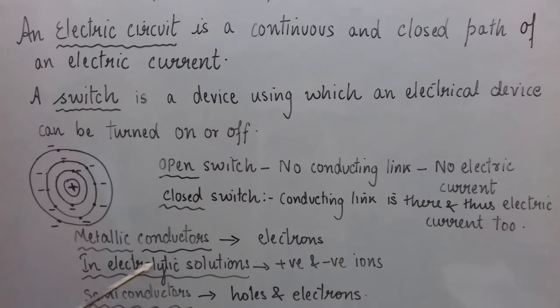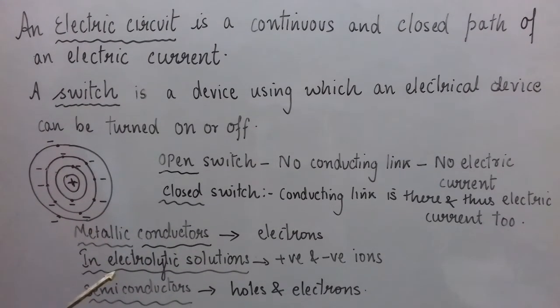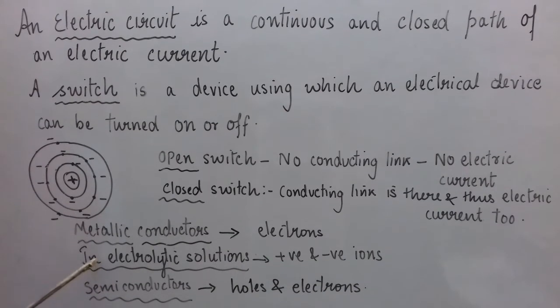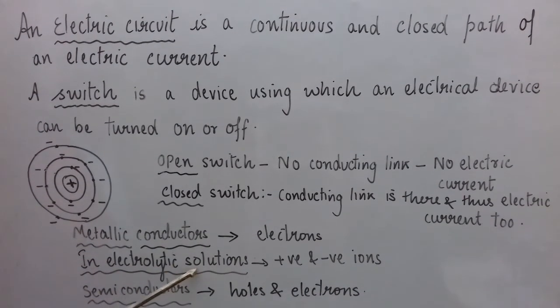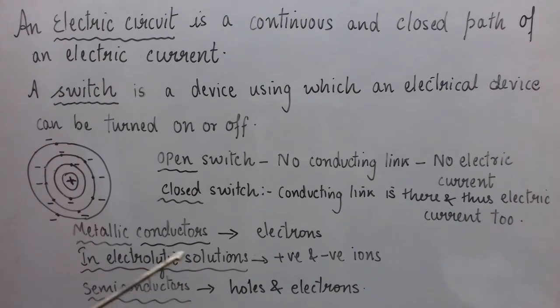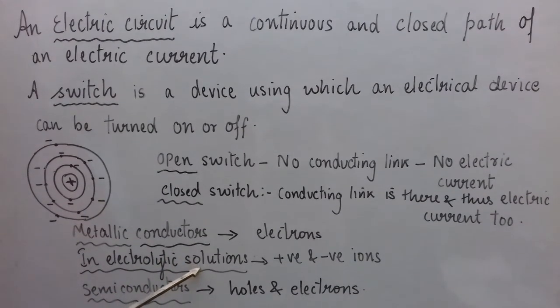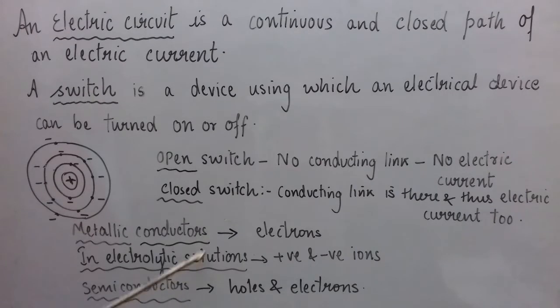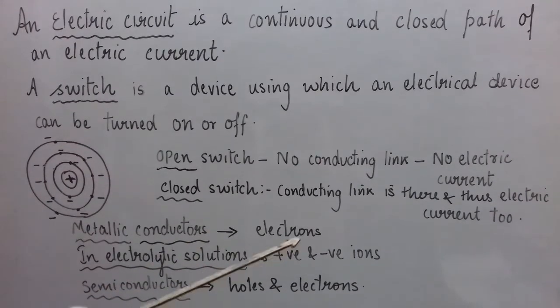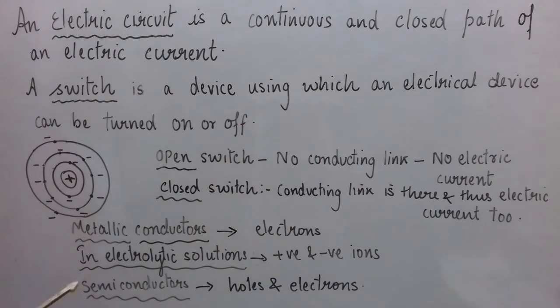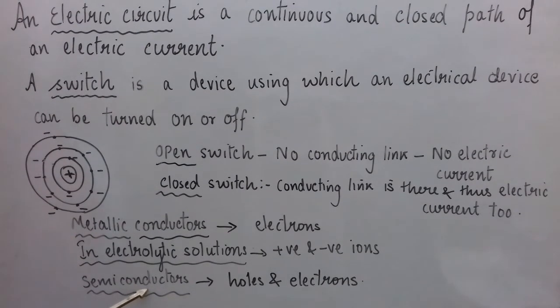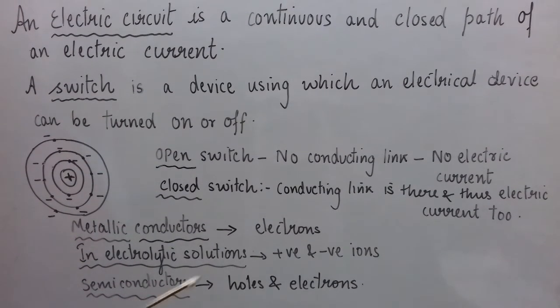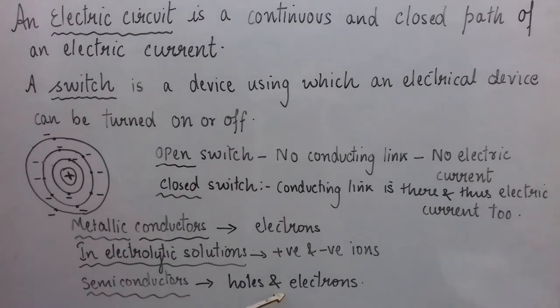Now in electrolytic solutions, which you will study in higher classes, like in cells or batteries, the solution present is an electrolytic solution. So in electrolytic solutions, the electric current is due to positive and negative ions. And in semiconductors, the charge carriers are holes and electrons.